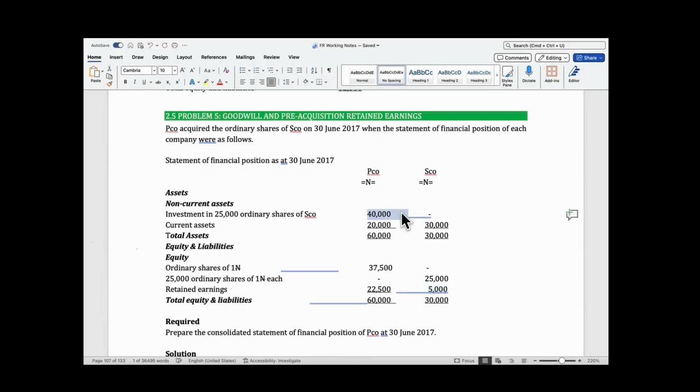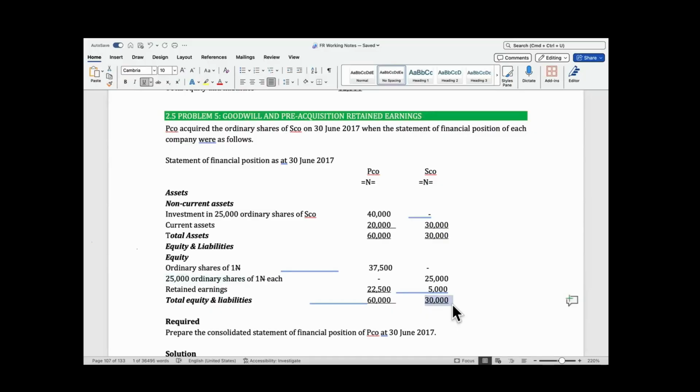We acquired all the shares in ESCO, all the 25,000 shares, and ESCO has 25,000 shares. We acquired everything. But the value of those shares, the equity or the net asset, is 30,000, but we paid 40. We paid above it. And that's goodwill that we are paying for.